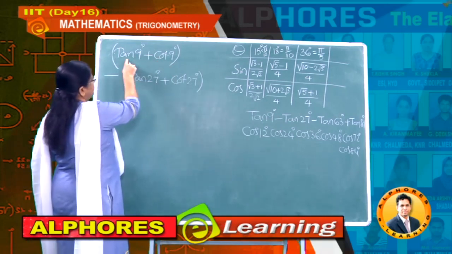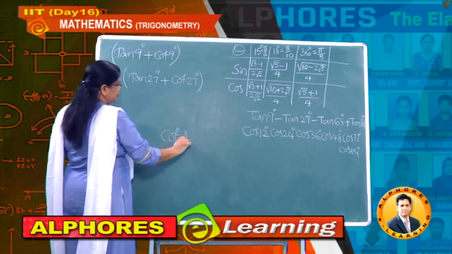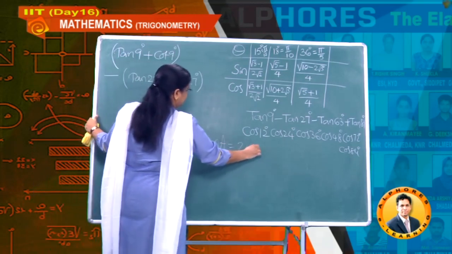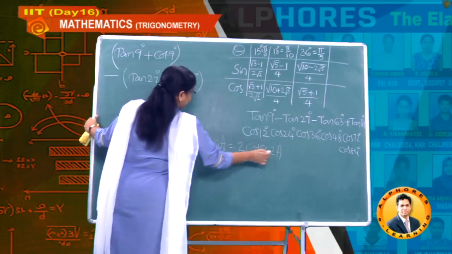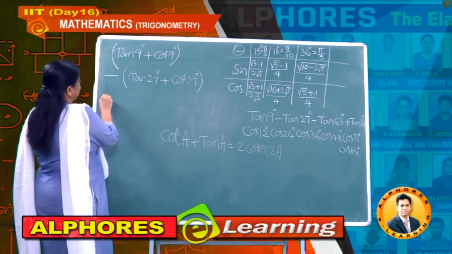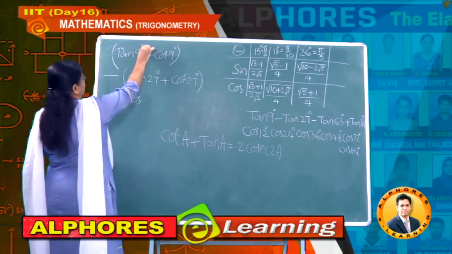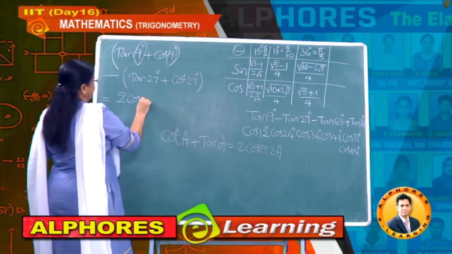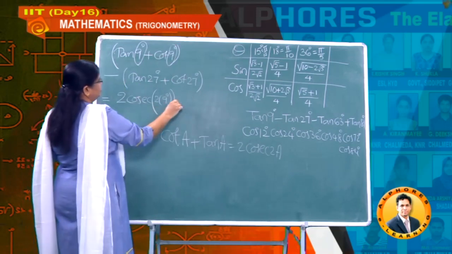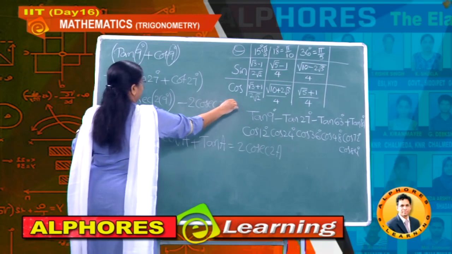Now from multiple and submultiple angles we have proved a result: cot A plus tan A is nothing but 2 times cosecant 2A. I am going to make use of this because we don't know the value of 9 degrees. Hence it is 2 times cosecant 2 into 9 degrees, and in the same way minus 2 times cosecant 2 into 27 degrees.